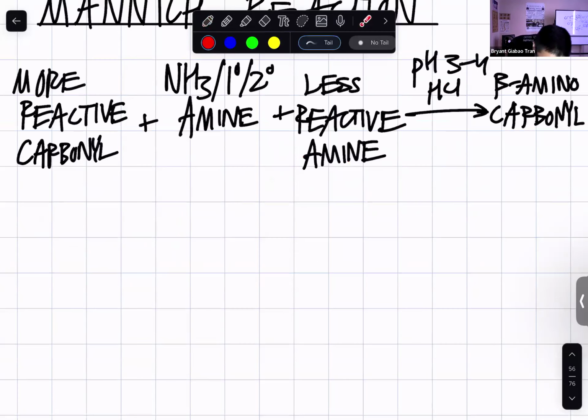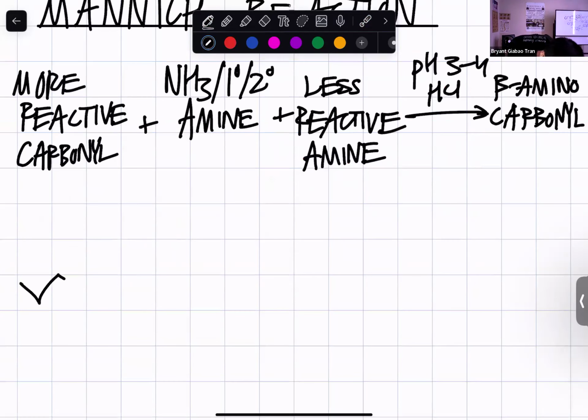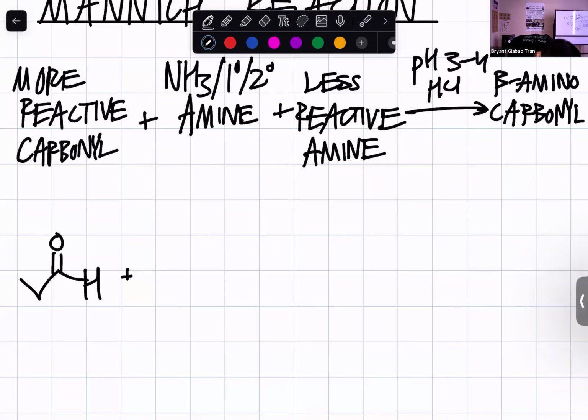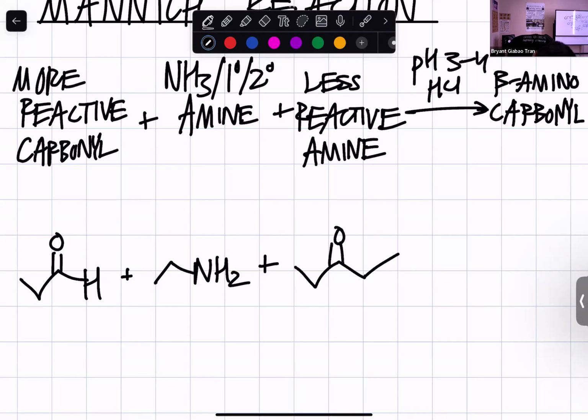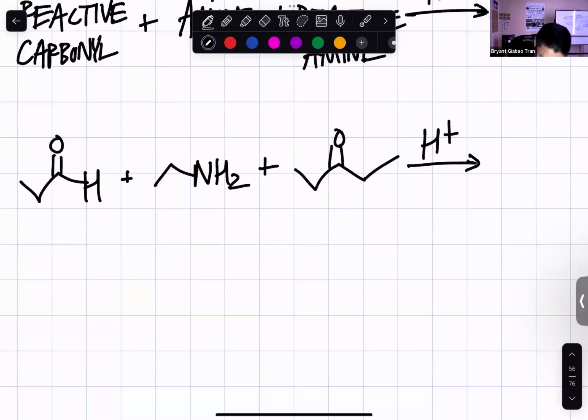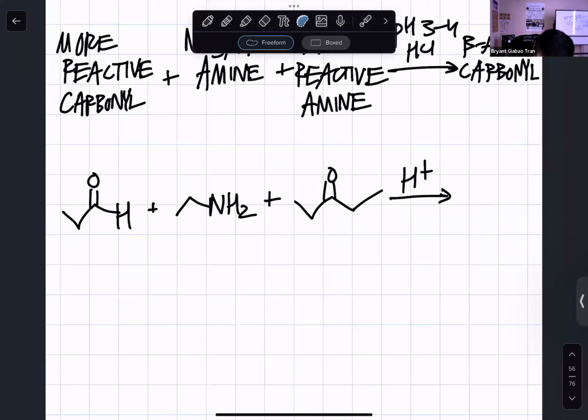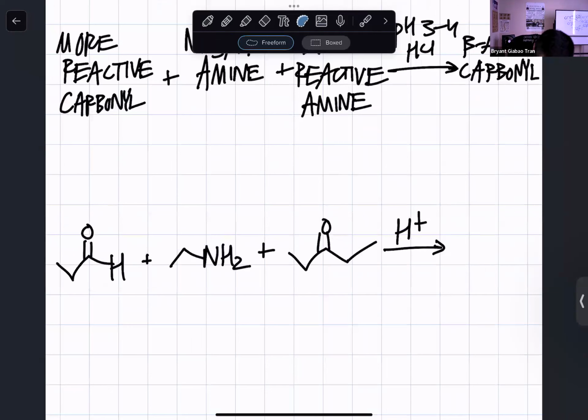For example, if I have this aldehyde plus this amine plus this ketone in some acidic condition, we're going to form a beta amino carbonyl.